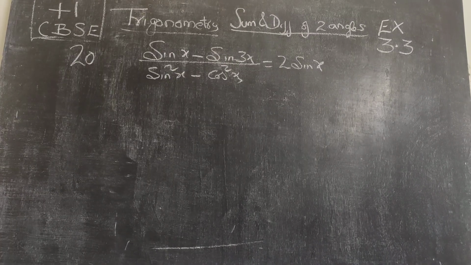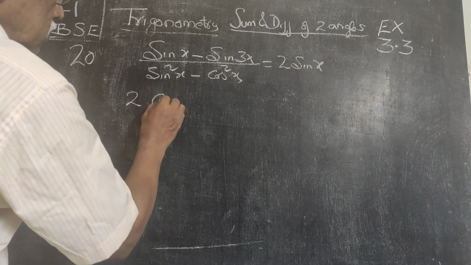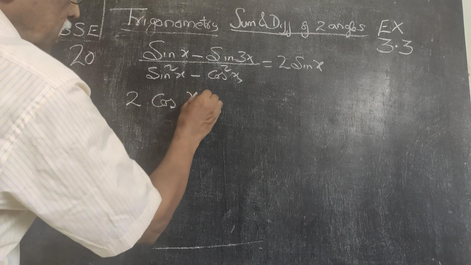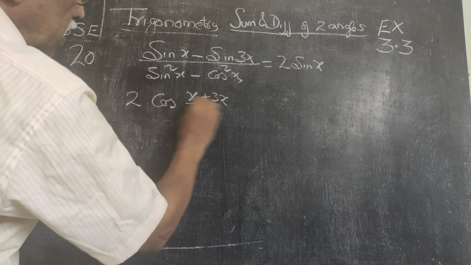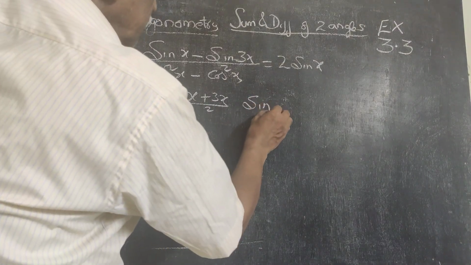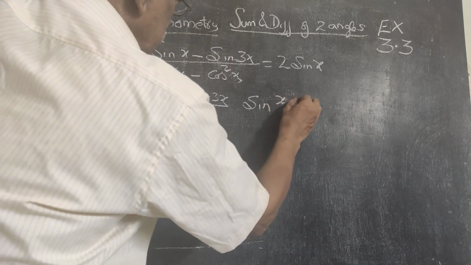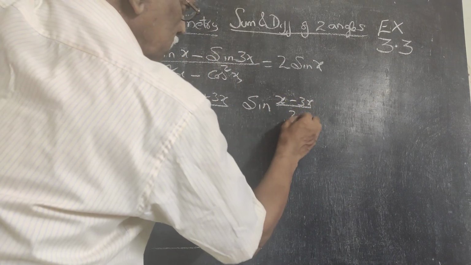Sin x minus sin 3x divided by sin square x minus cos square x. Here you apply sin x minus sin y. So 2 cos (x plus 3x) by 2, and then sin (x minus 3x) by 2.